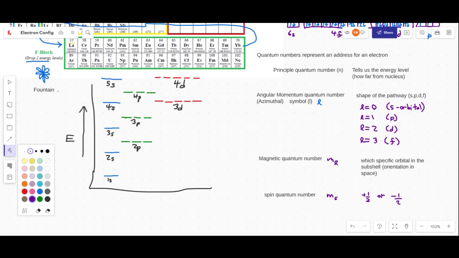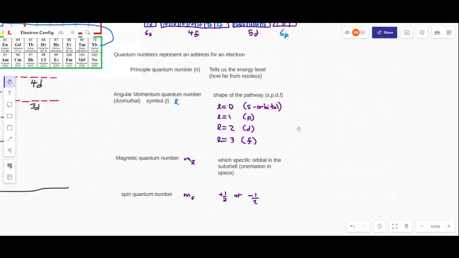If you reverse your hand, your thumb will point down, and the electron is spinning in the opposite direction. We call it in physics the right hand rule. It's kind of neat.